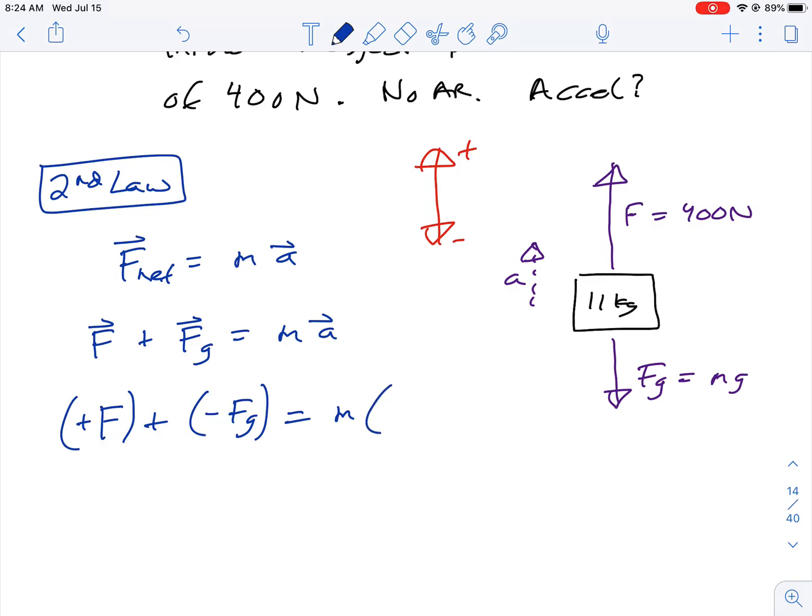And A is also a vector. So the magnitude would be A, and the direction you can see is upward. That would also be positive. Now, if we simplify this, this will become F minus Fg equal to ma.